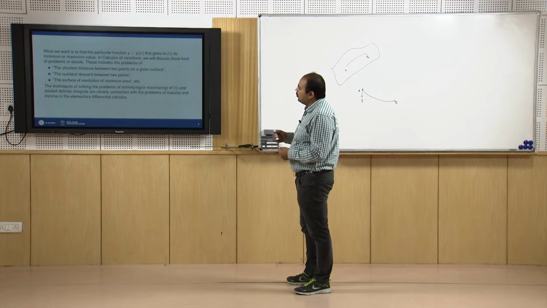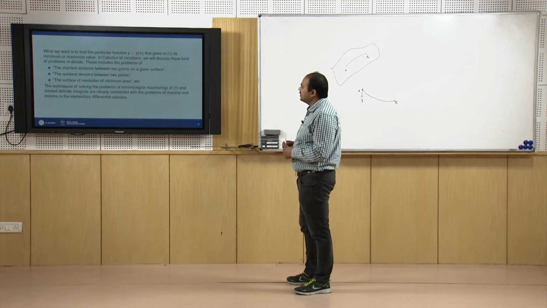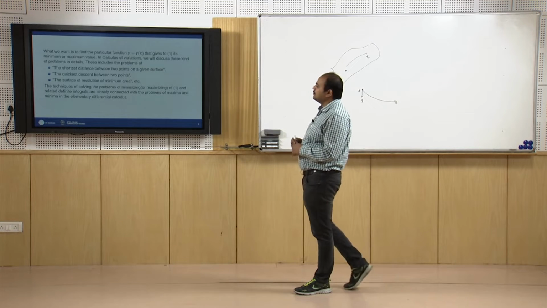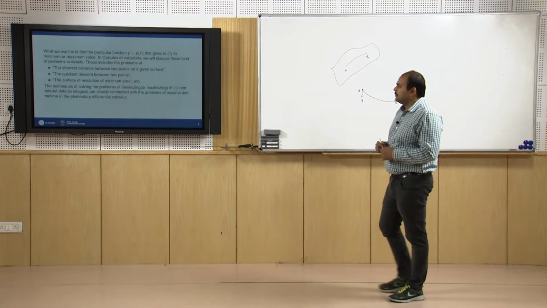One more important problem discussed in calculus of variation is the surface of revolution of minimum area.